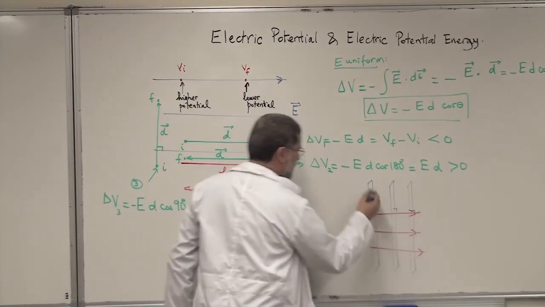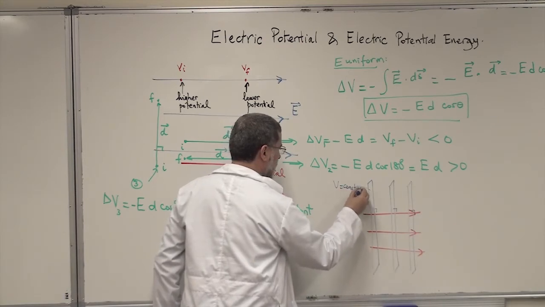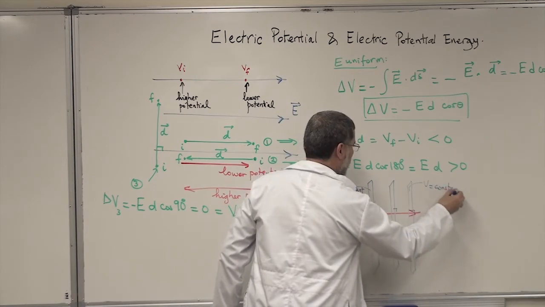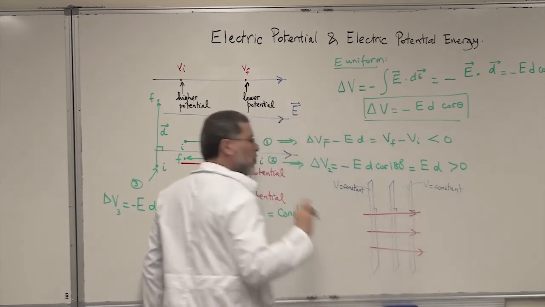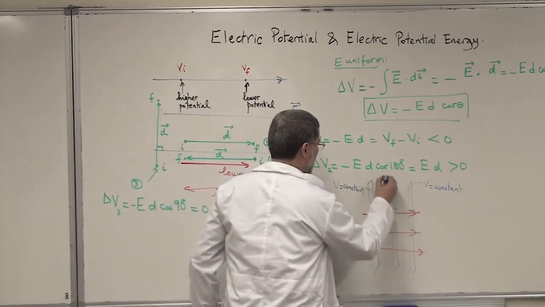V is constant in each plane. The value of V here and V here are not the same, but V in this plane is constant. V again here is what?